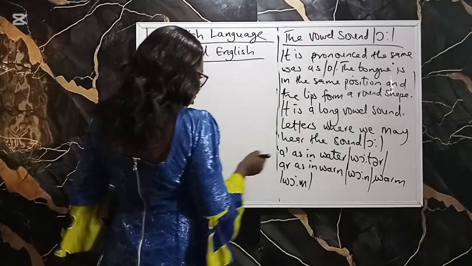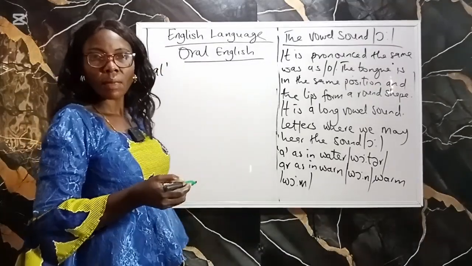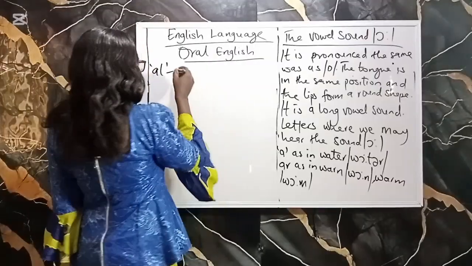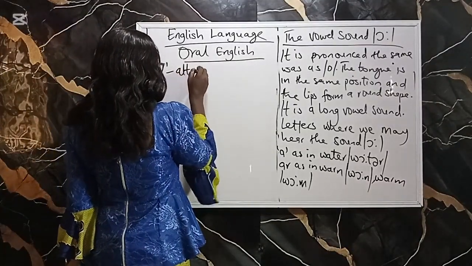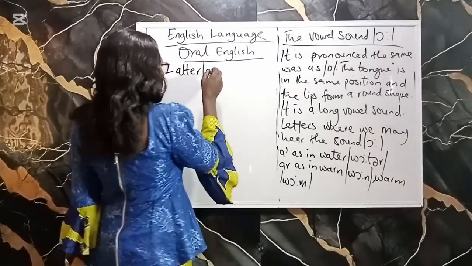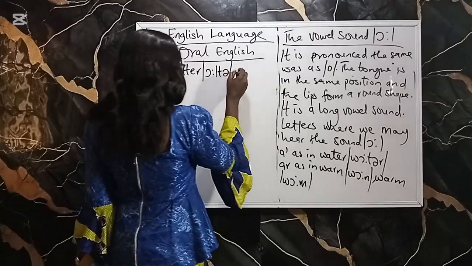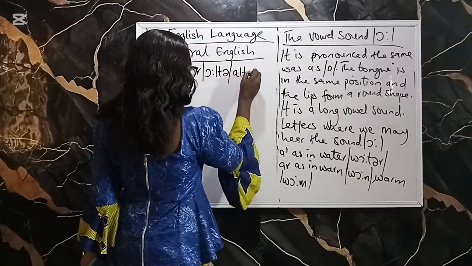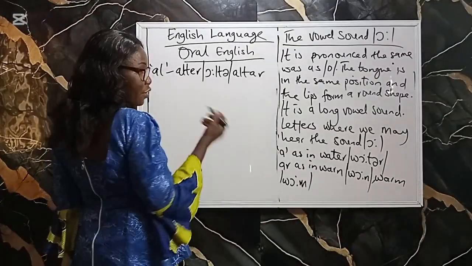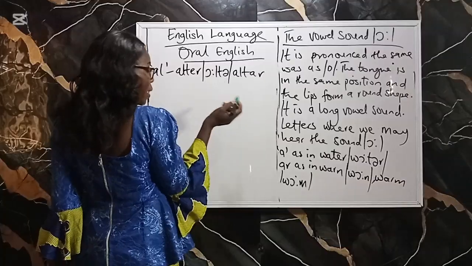Now I've given you AR. Let's look at AL. And under AL we have alter. Where you see AL, you put the sound. Alter. Then altar. They are pronounced alike, but they have different letters, or spellings.